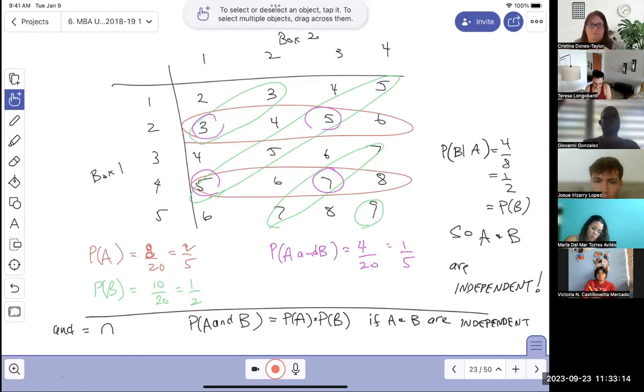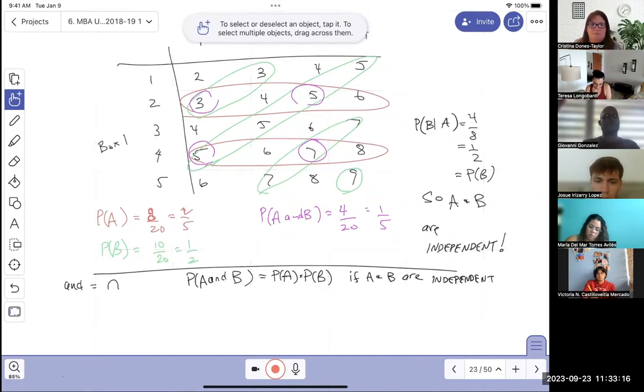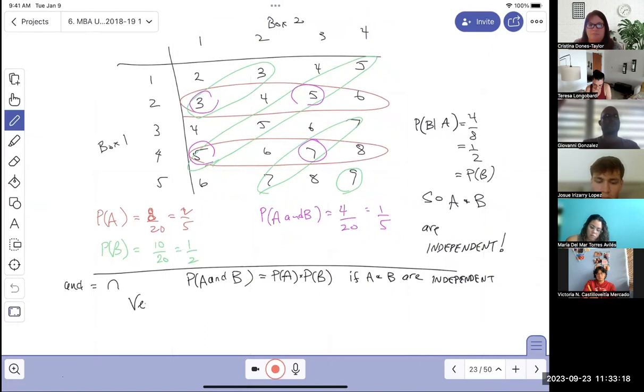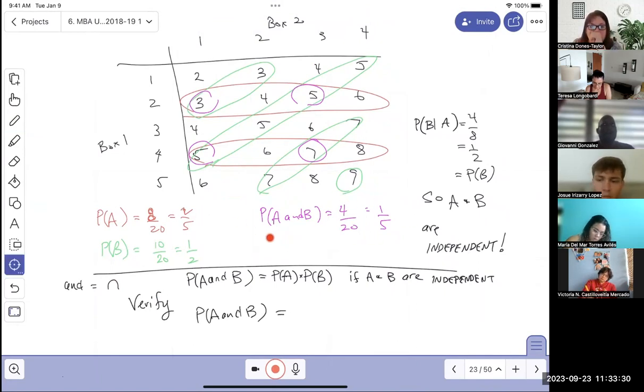So let's check. We can verify. What is the probability of A and B? We found it before. It was 1/5, right?